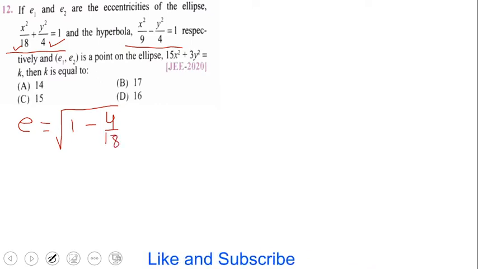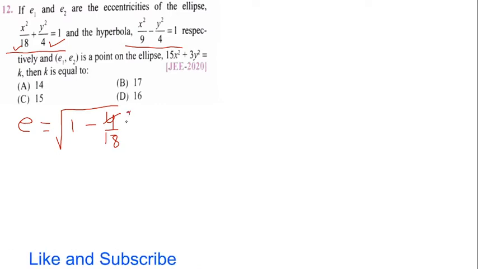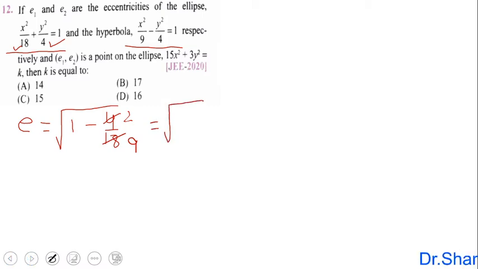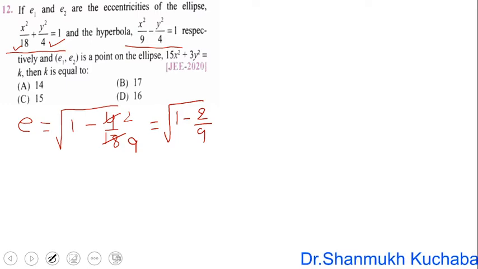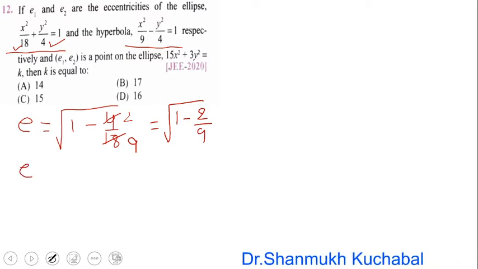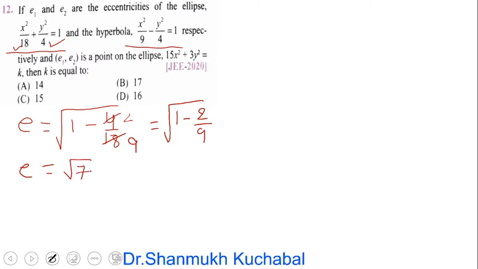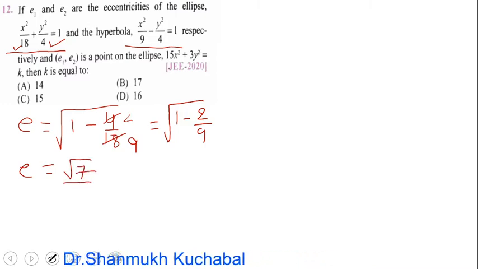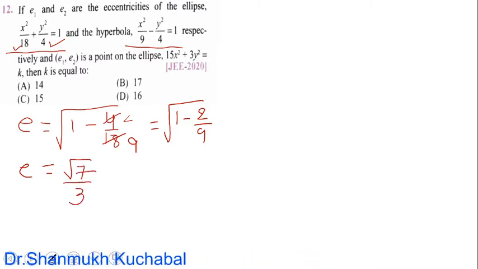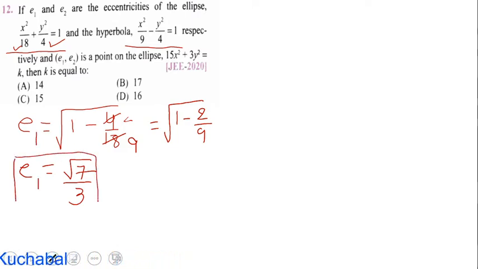Further I simplify, it is divisible by 2, so 2 2s are and here 2 9s are. So we are going to get the square root of 1 minus 2 divided by 9. I simplify this, and E we get as root 7 divided by root 9, which is 3 here. So this is the ellipse, E1. We have calculated E1.